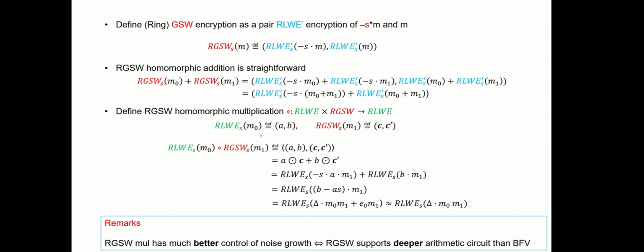Now, we define the ring GSW multiplication using the symbol diamond as an inner product of the ring LWE ciphertext and the ring GSW ciphertext. And by doing some math, this eventually returns a ring LWE encryption of M0 times M1.